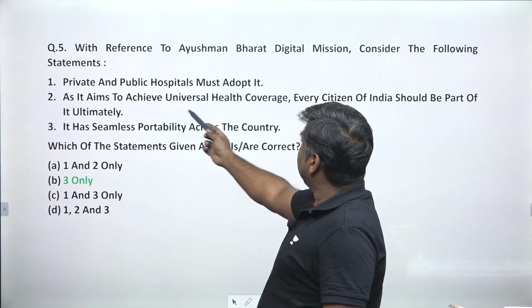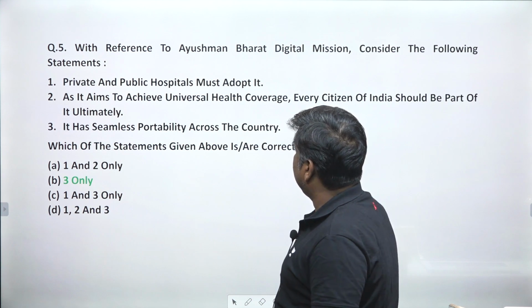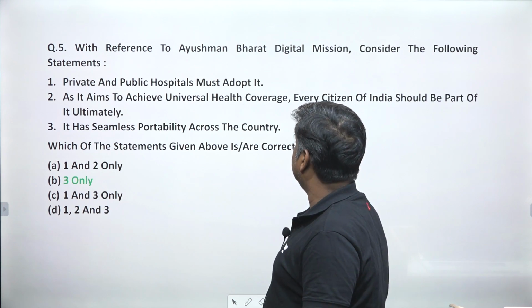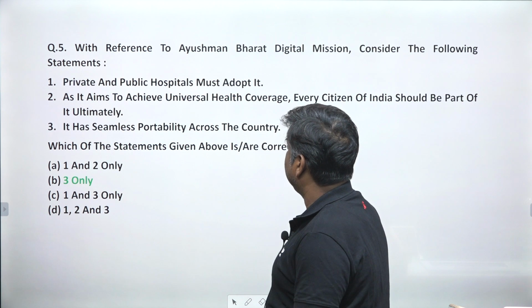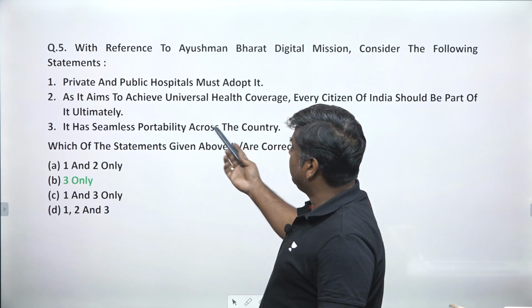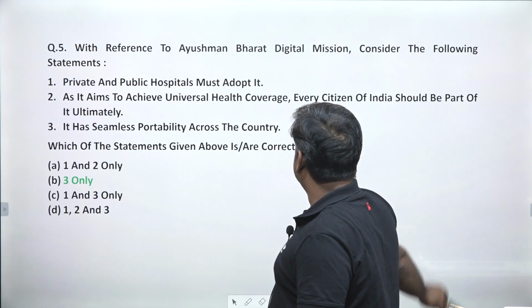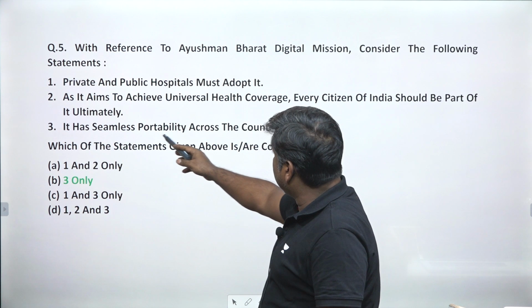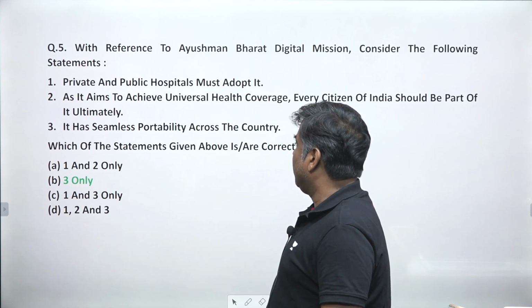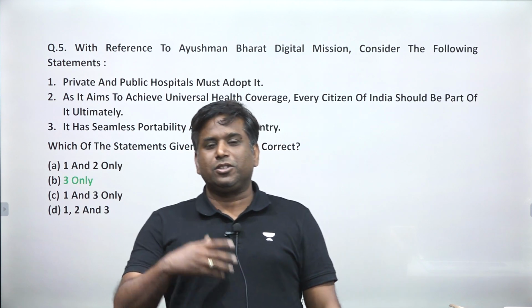Now, it aims to achieve universal health coverage. Every citizen of India should be part of it ultimately. It's "ultimately". So again, I would say this statement is incorrect. This has been decided for a particular section, and it has seamless portability across the country. To a certain extent, it is true.